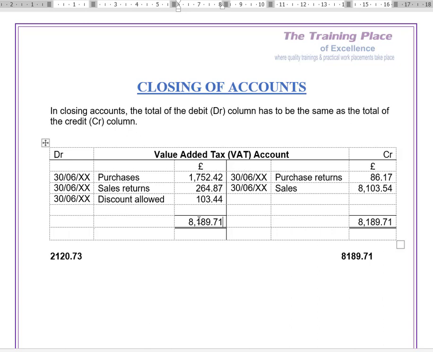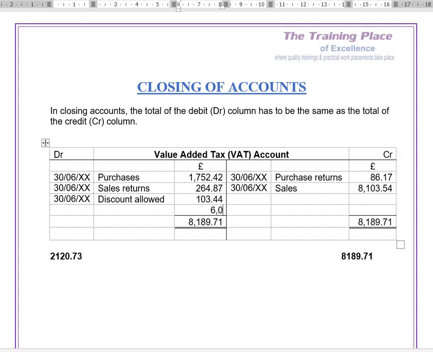My account closure is almost complete. It's still £2,120. So I'm looking for the difference now so that the total can come to 8189.71. And that becomes my closing balance in this account.